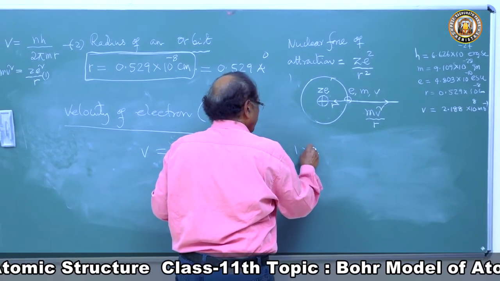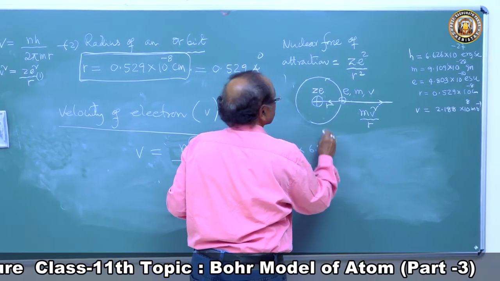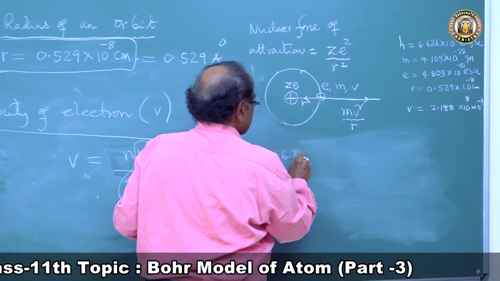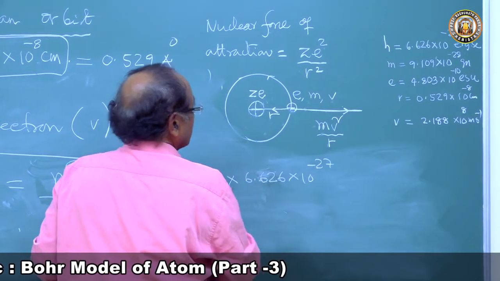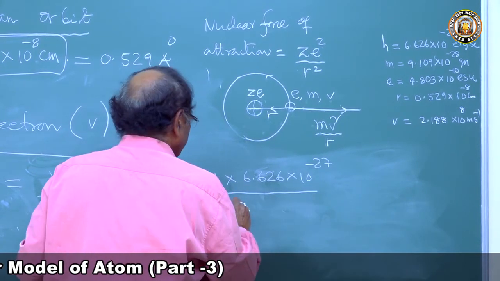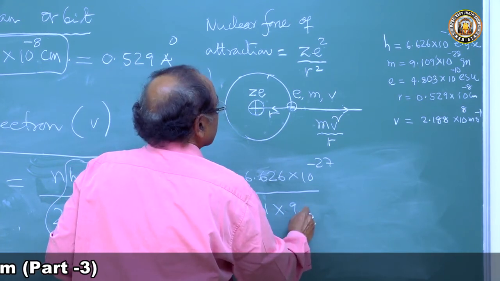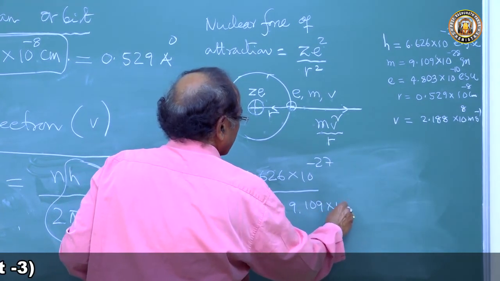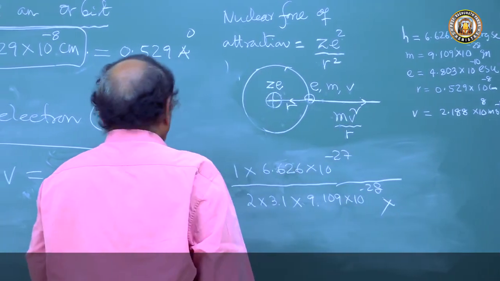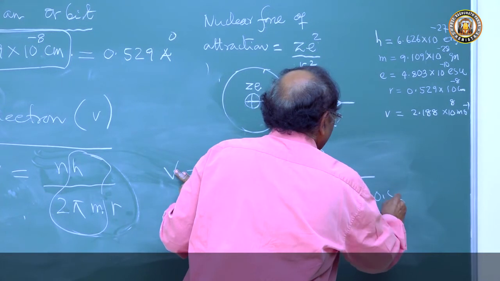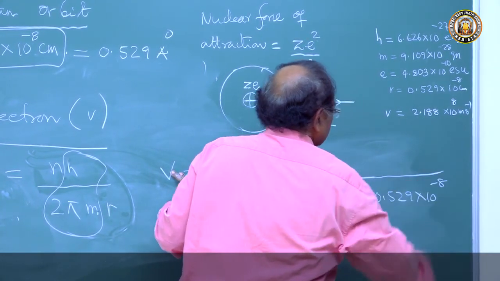N equal to 1. Now h is 6.626 into 10 to the power minus 27 erg second, by 2 into 3.14 into m is 9.109 into 10 to the power minus 28 grams into r is 0.529 into 10 to the power minus 8 centimeter.